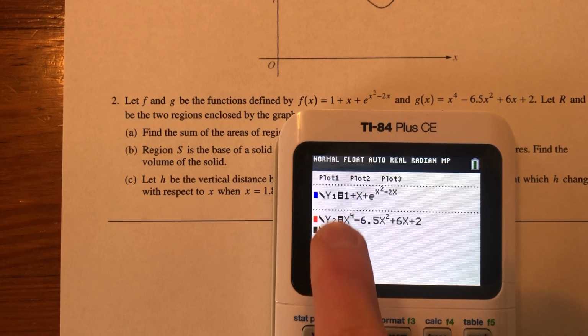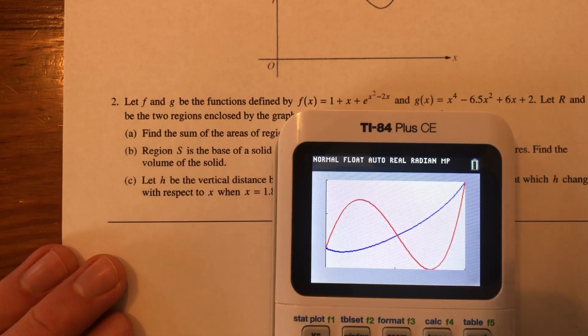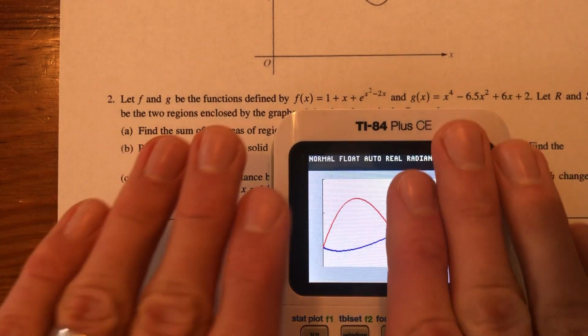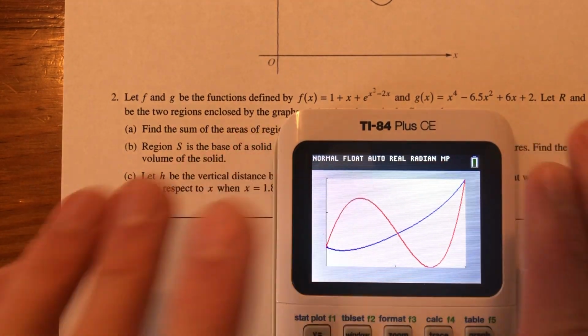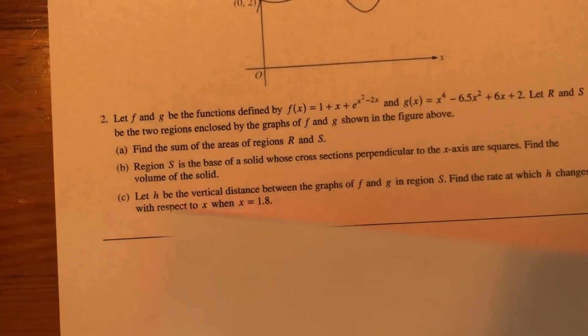So that was f, that was g. You can graph them separately if this doesn't make sense. If I'm going to do that area plus that area, I need to know which one's on top, which one's on bottom. So which function is greater than the other one?